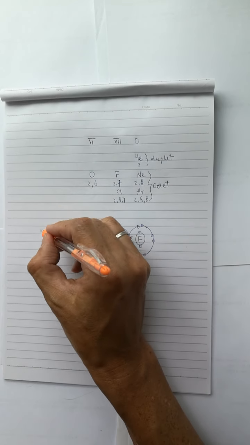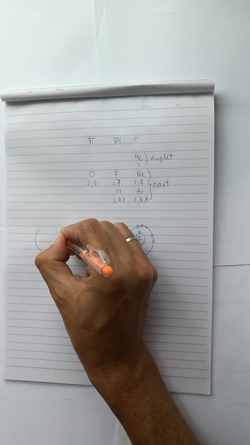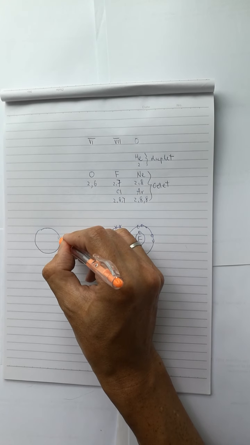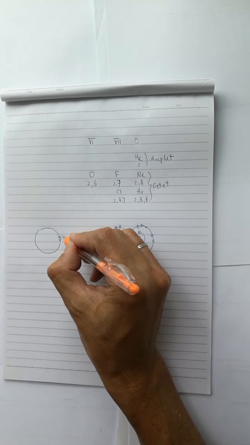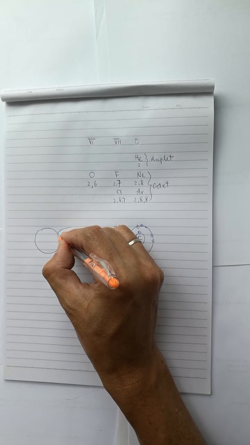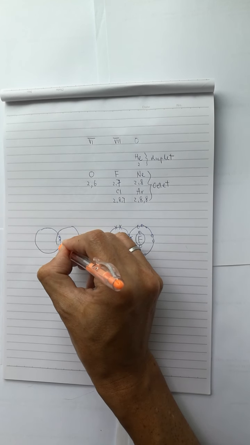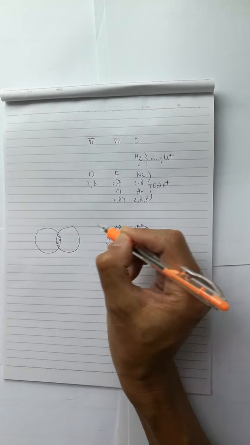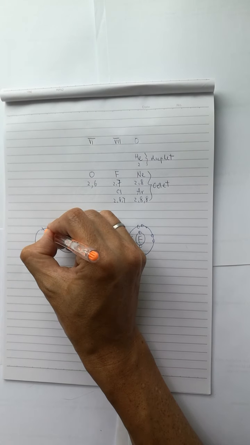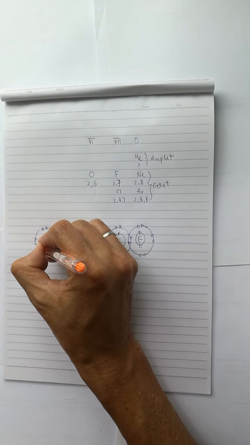So the 2 oxygen want to have 2 more electrons, and each oxygen contributes 2 electrons for sharing.